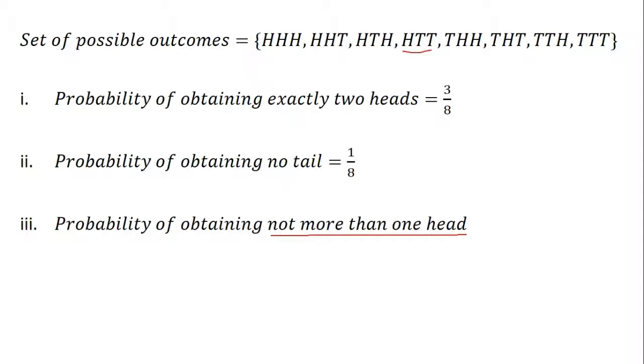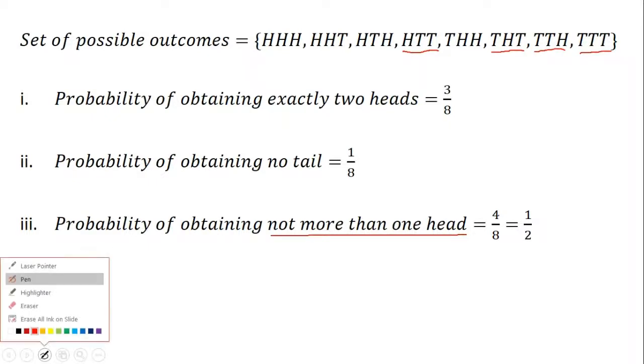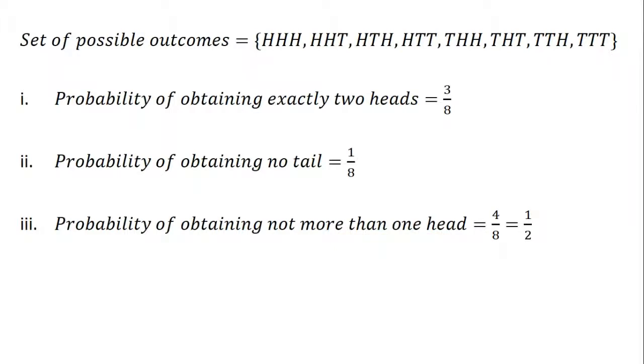This is the first one. This is the second one. This is the third one. And this is the fourth one. So we have 4 of them. The sample space is 8. So our probability is going to be 4 divided by 8. When you simplify that, you get 1 divided by 2. So the probability of obtaining not more than 1 head after tossing a coin thrice is 1 divided by 2.